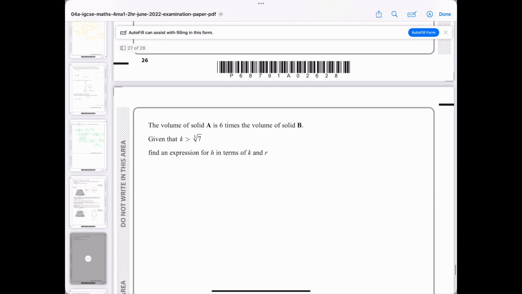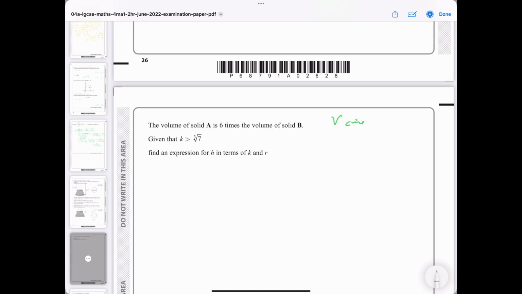And given that k is greater than the cube root of 7, find an expression for h in terms of k and r. So let's remember that the volume of a cone equals pi r squared h over 3. And we know the volume of a hemisphere.